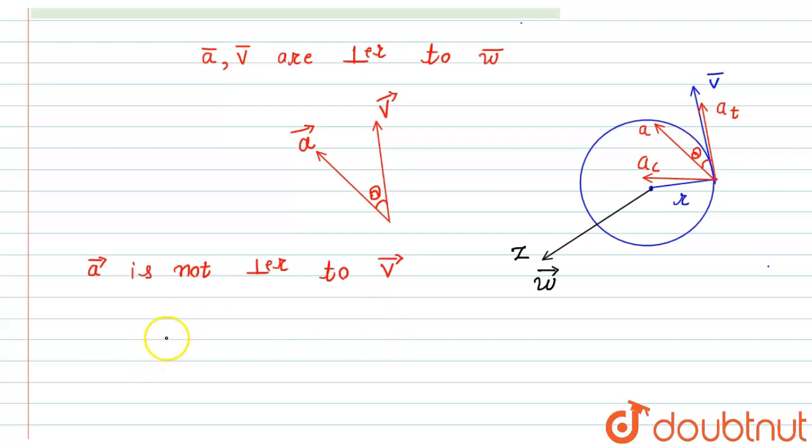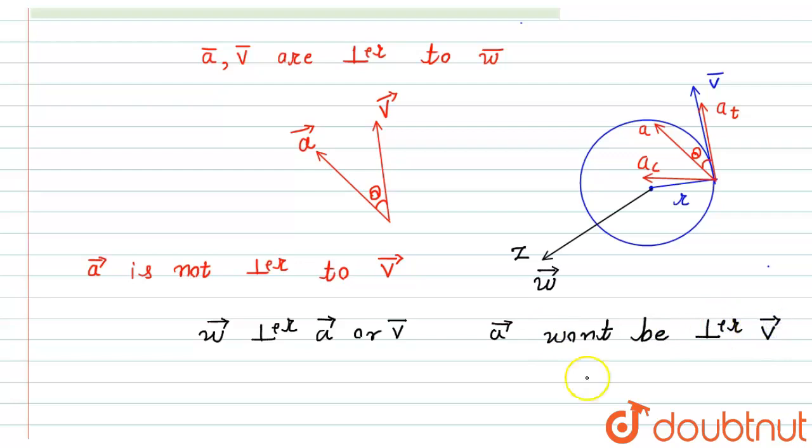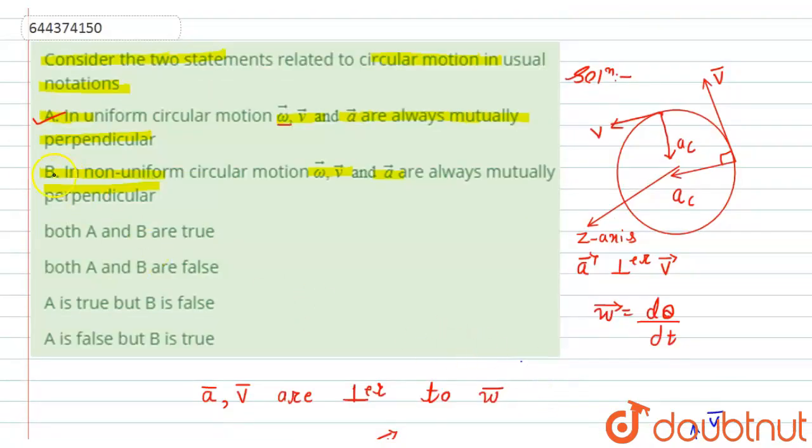So in non-uniform circular motion, I can say that omega will be perpendicular to acceleration and velocity, but acceleration won't be perpendicular to the velocity vector, right? So according to this, statement B will become wrong. So if we look at the options, the third option, that is A is true but B is false, becomes the correct answer for this question.